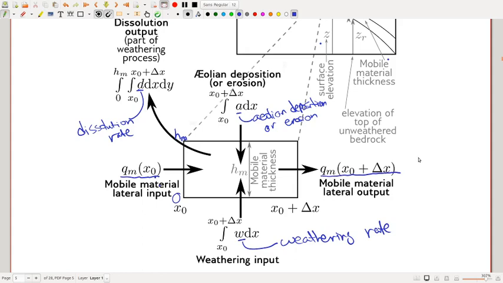And if we remember, we have this equation here, right? q sub m is equal to minus k h sub s times dz over dx. And so we can look at that difference between the inputs and the outputs to think about whether this section of hillslope is going to be becoming thicker or becoming thinner over time.